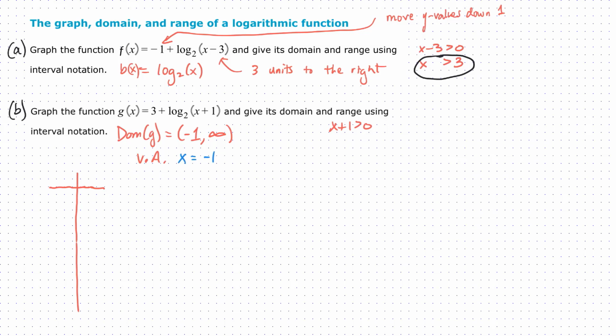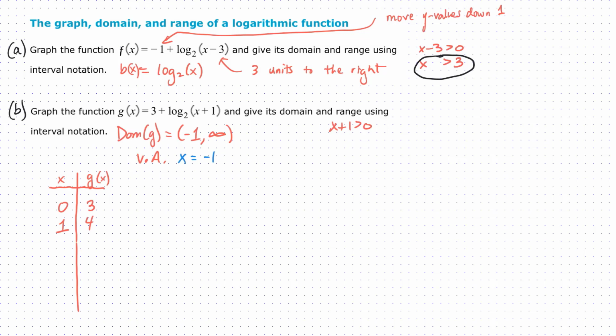We have base 2, so why don't we pick x to be 0? And if you do that, we get 3. Pick x to be 1, we get 3 plus 1, which is 4.